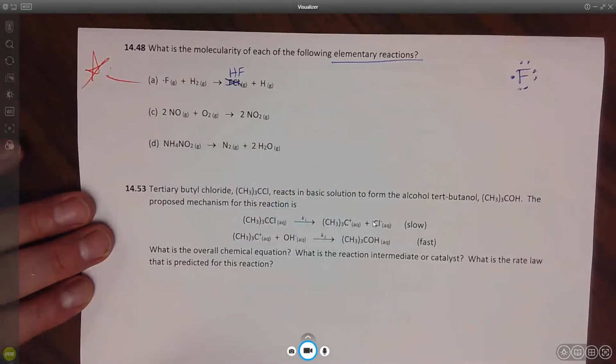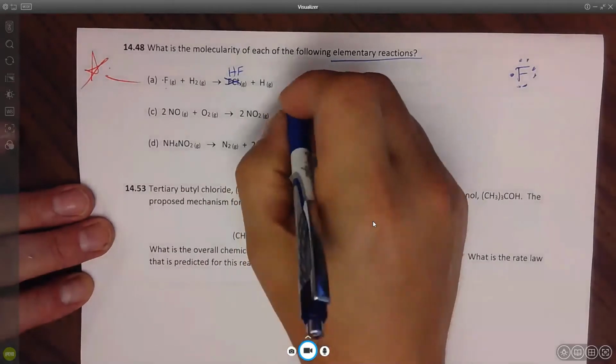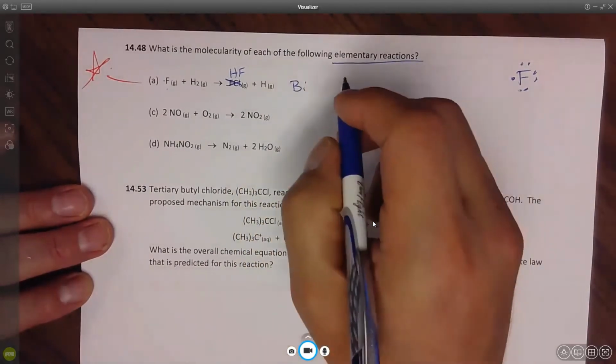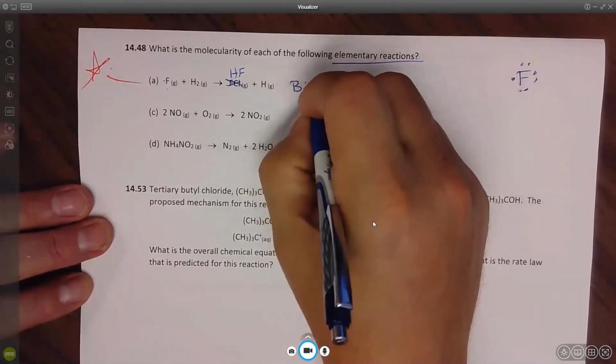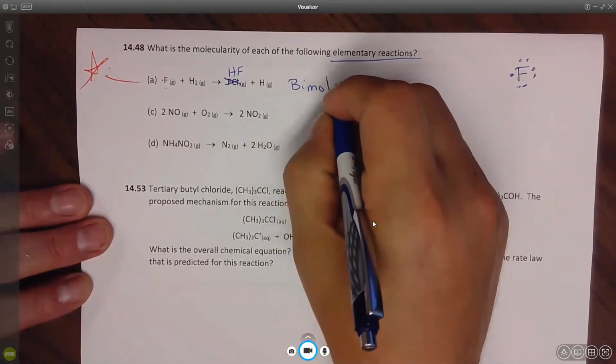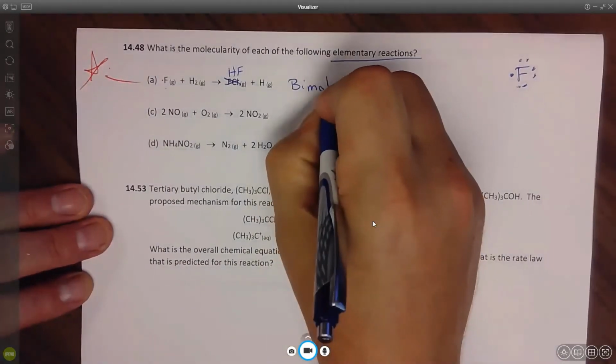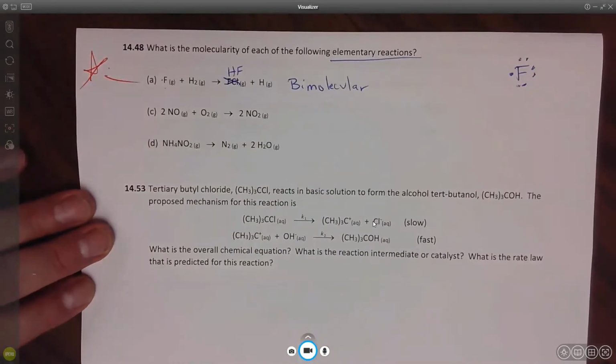I'm not sure. Hannah? Kayla. Is it bimolecular? It is, right? There's two particles, so this is bimolecular. It is not dimolecular. It is bimolecular, okay?